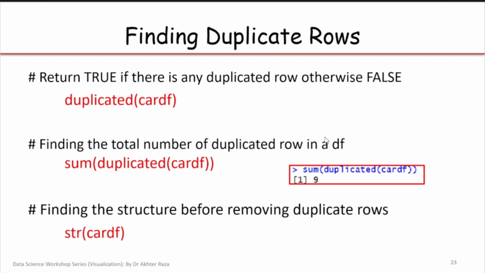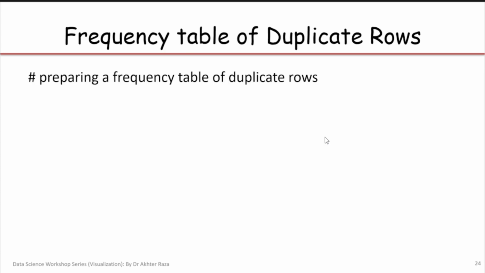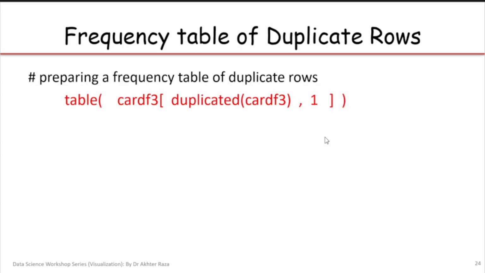Before removing duplicated rows, initially we have 1445 observations, and we can make a frequency table of the duplicated rows. How will we specify this frequency table?